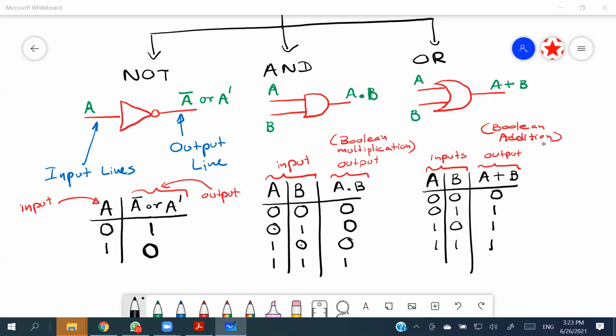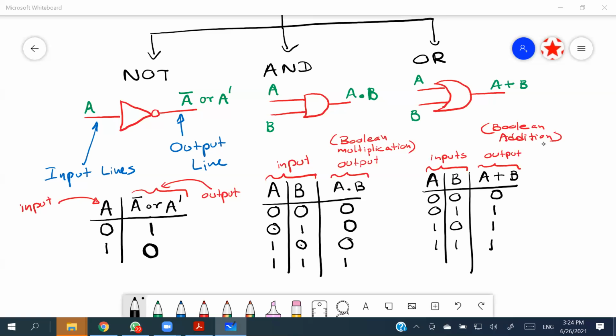When you are doing the OR operation, the Boolean addition operation, with a 1, if at least one of the inputs is 1, your output is going to be 1. Only if both are 0, your output is going to be a 0.